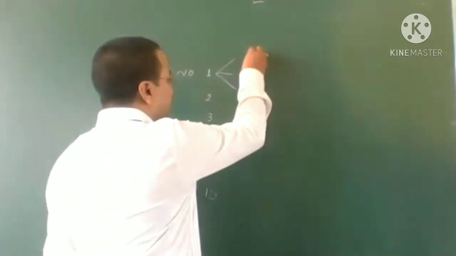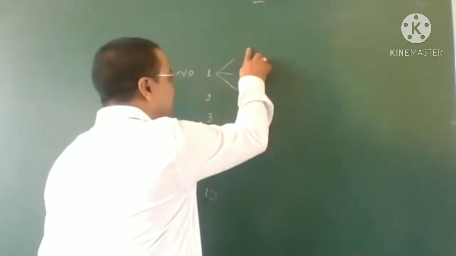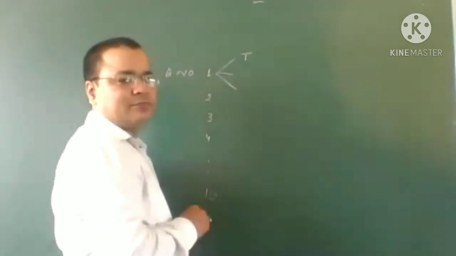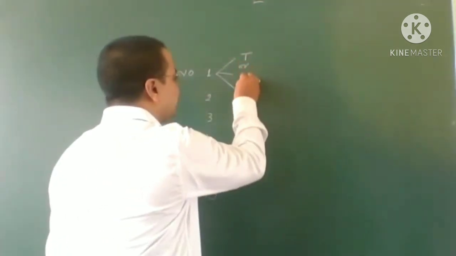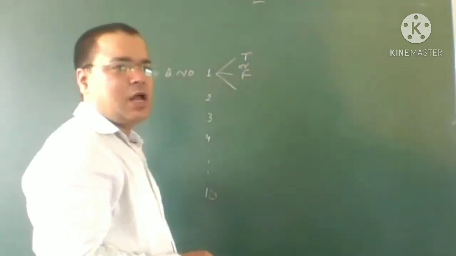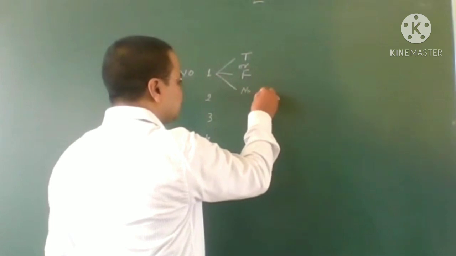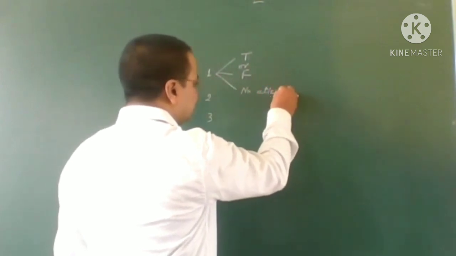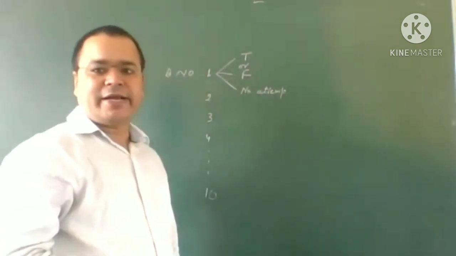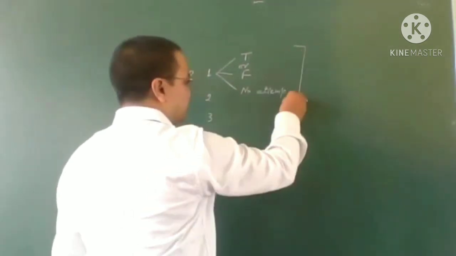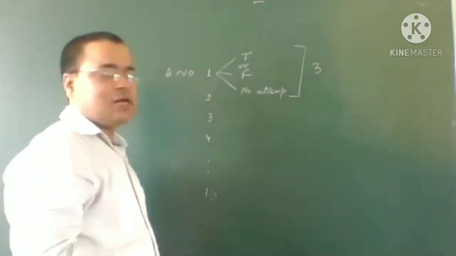I can give true, or I can make it false, and it may also be possible that I make no attempt. Getting it? So how many possibilities here? There are three possibilities.